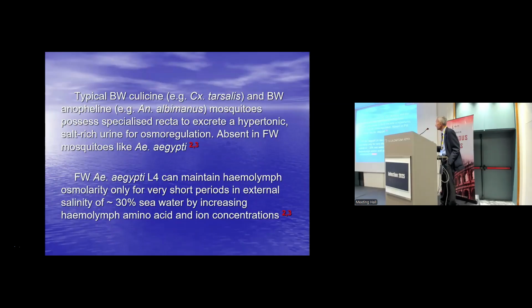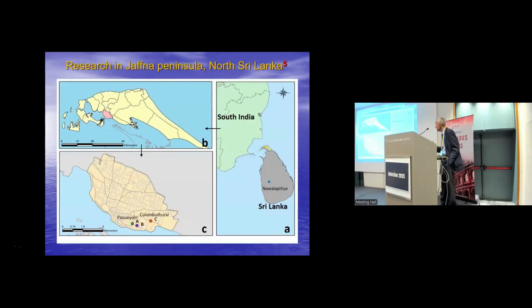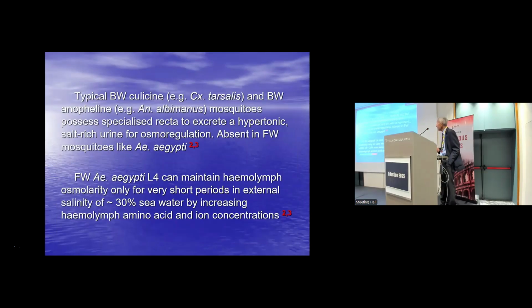So typical brackish water culicine mosquitoes that develop in brackish water, like Anopheles, Culex tarsalis and the Anopheles crucians and albimanus, have specialized recta that excrete hypertonic urine. So they excrete salt. They're specialized to excrete the excess salt in the larval stages. And this is completely absent in Aedes aegypti, which is a freshwater mosquito.